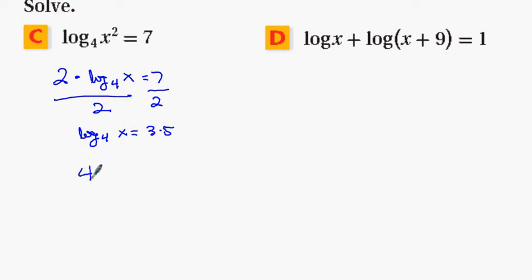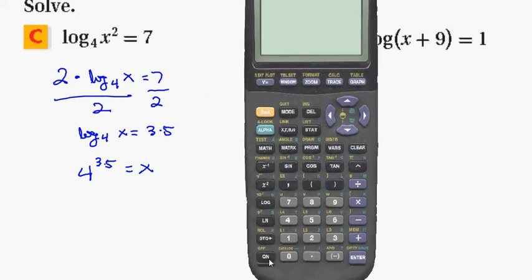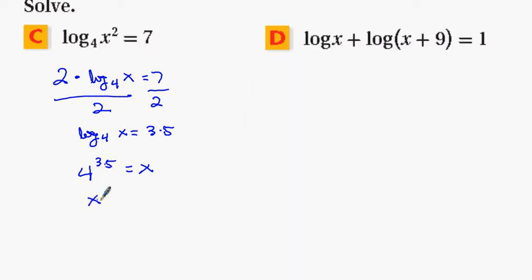So I know 4 to the 3.5 power equals x. So taking my calculator then, turn it on, clear it out. If I have 4 raised to the 3.5 power, I get 128. So x equals 128.